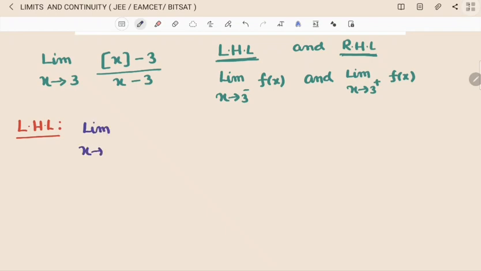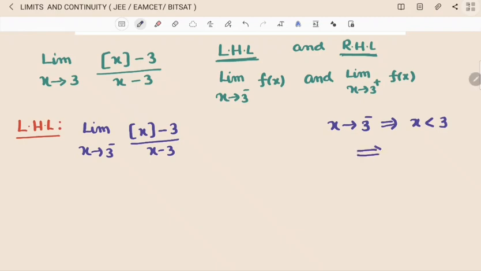Limit x tends to 3 minus step x minus 3 by x minus 3. X tends to 3 minus, the meaning is x is less than 3. Whenever x is less than 3, the value of x is less than 3 and greater than 2. It lies between 2 and 3. So whenever the value of x is less than 3 and greater than 2, the step x value is equal to 2 point something.